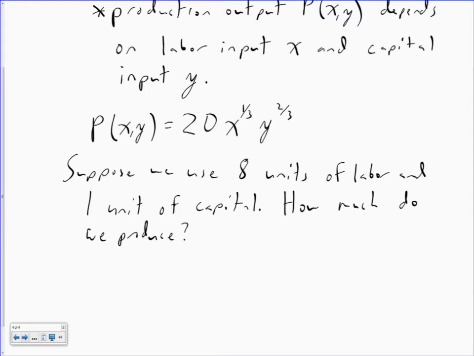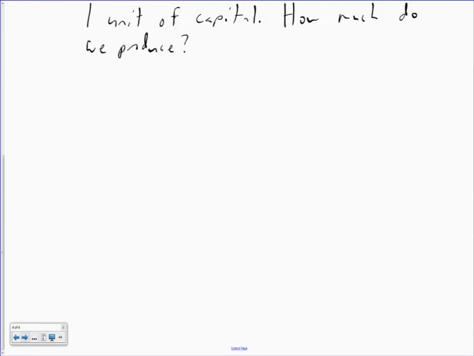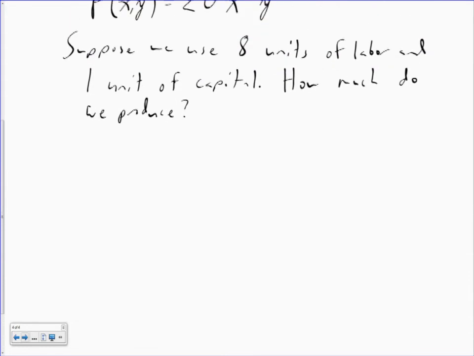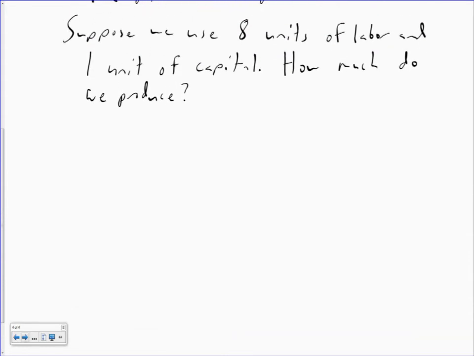All right, and then the units on labor and capital might be something different. So 8 units of labor might mean 800 person hours, or it might mean 80,000 person hours. We would scale that appropriately for our setting. And then again, 1 unit of capital could mean lots of different things also. Maybe it means $100,000 worth or $1 million worth, depending on the size of our factory.